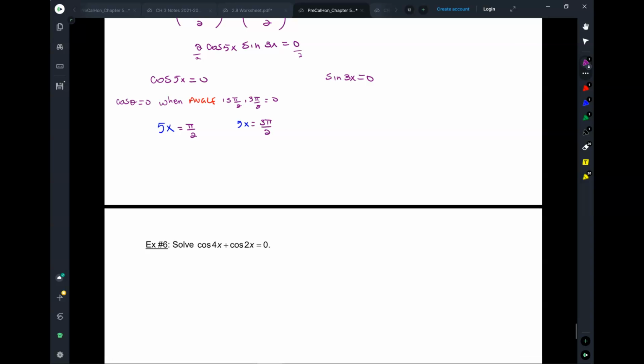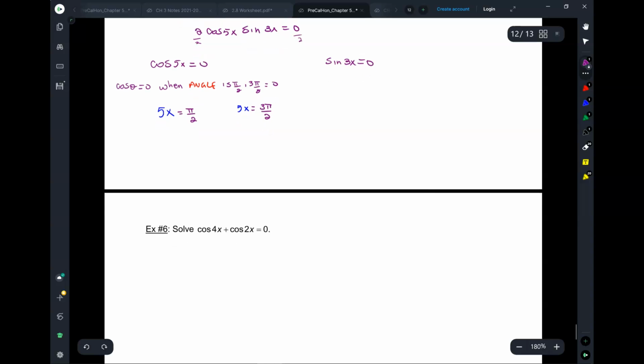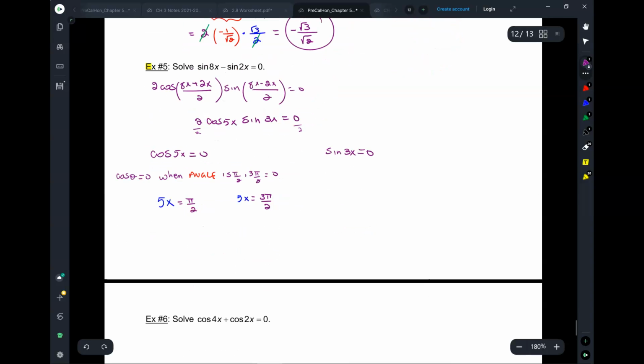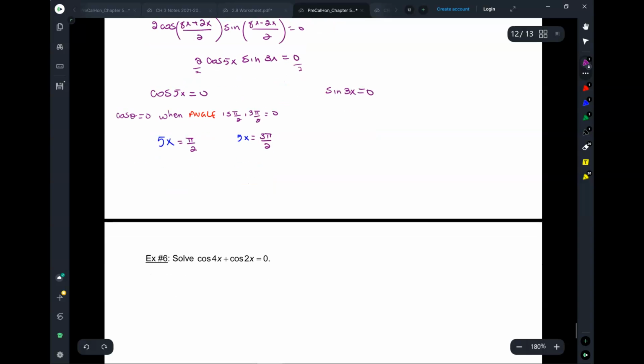Could you also say 5 theta? Right, yeah, you can, but here it's given an x, so we stay in x. Okay? But also, if we're going to do it for all values of theta, then it's going to be plus 2 pi n.